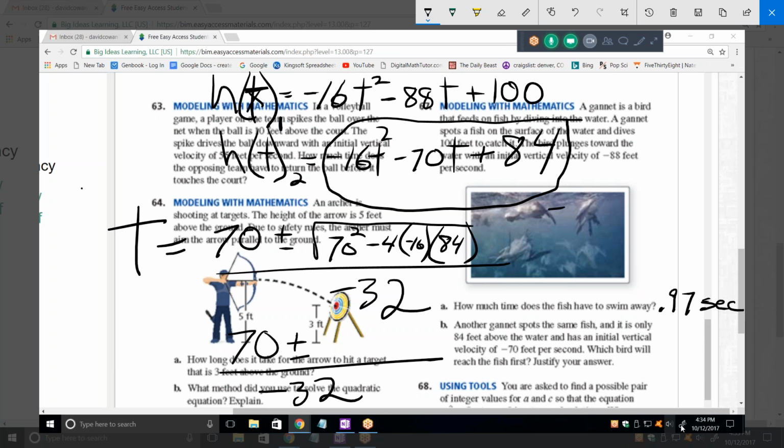The square root of 10,276. So 101.37. Okay, now tell me what the answer is for how long it takes that bird to hit the water.